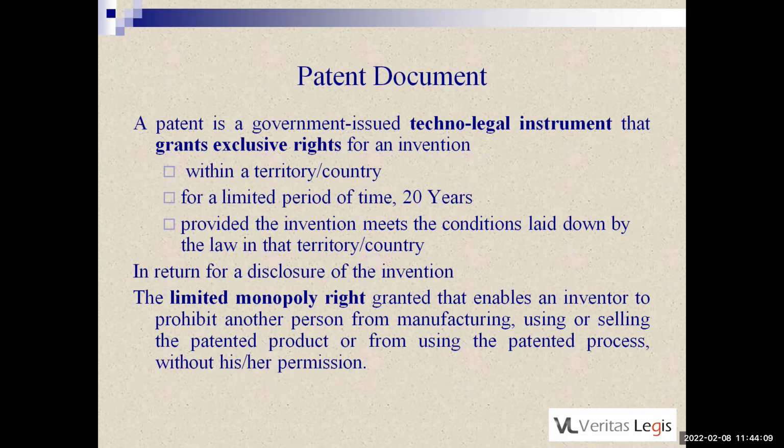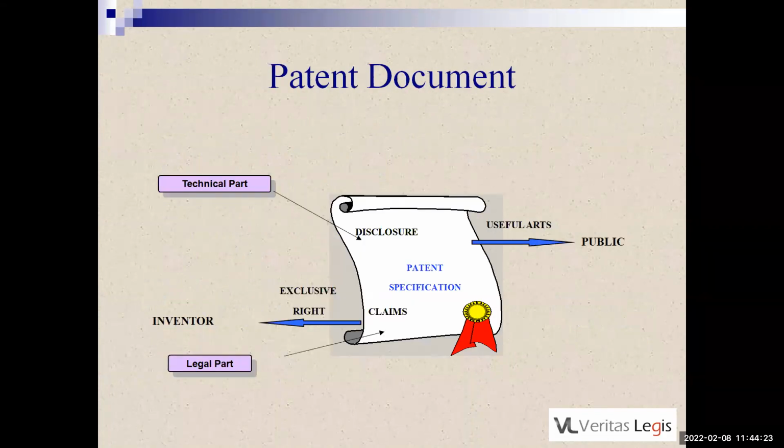A patent can be given for a product, for a process, or for both. The main point is that it is an exclusive right given to you in exchange for a technical disclosure. Technically, you provide the disclosure, specification and claims so that the public can see it, and the inventor gets the exclusive right.